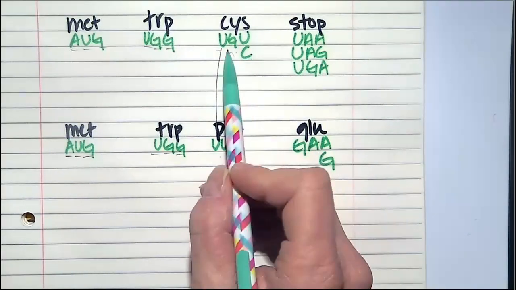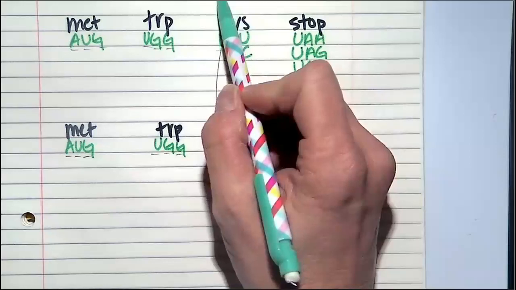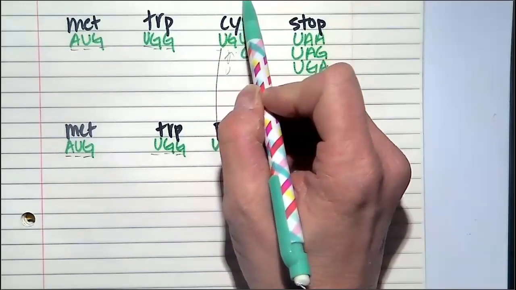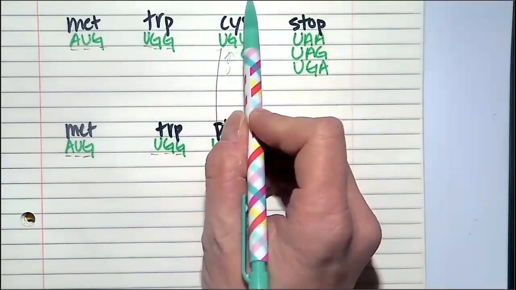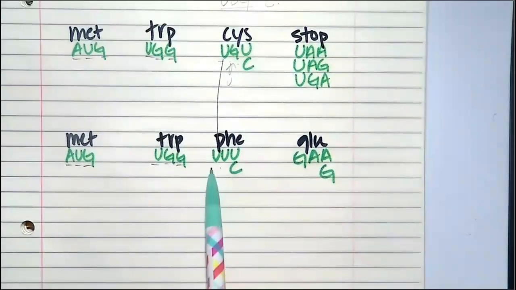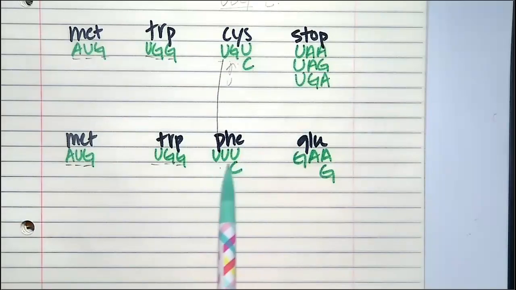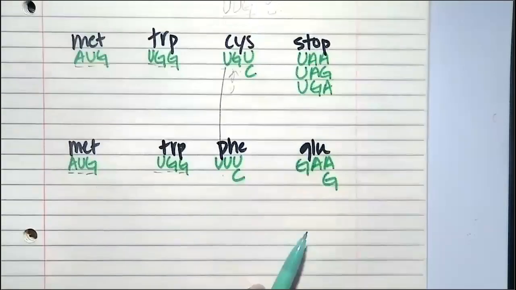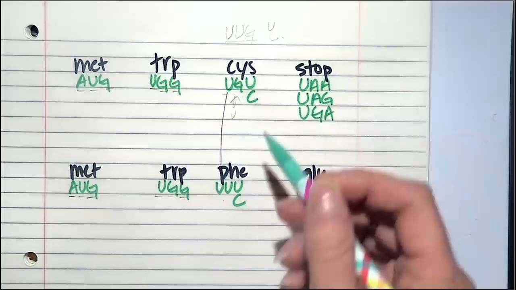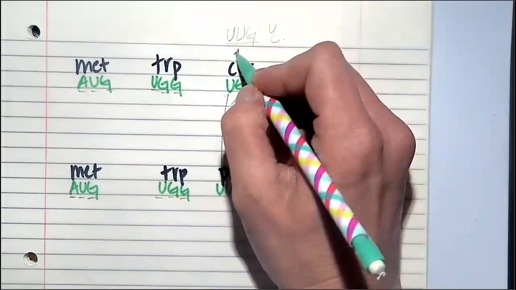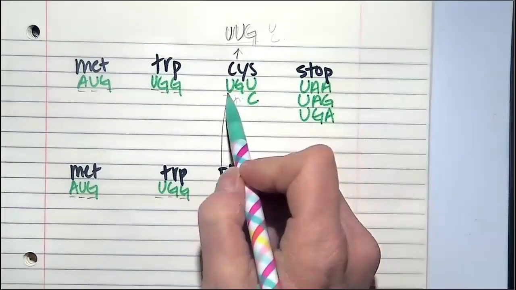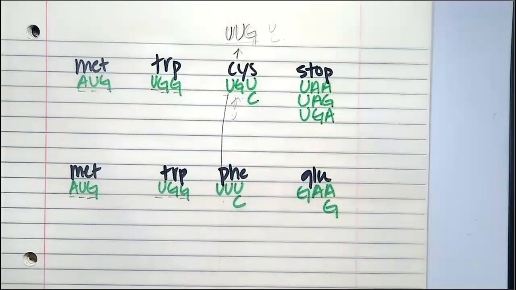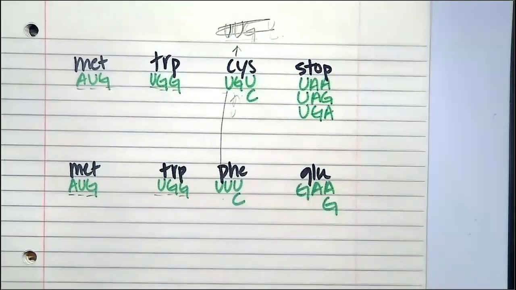If we inserted a U, that would make us have U, U, G, and then a U or a C. So if you look at this UUG, that doesn't match what we have down here. There's no way that you could have a phenylalanine with a UUG, right? So it can't be an insertion.